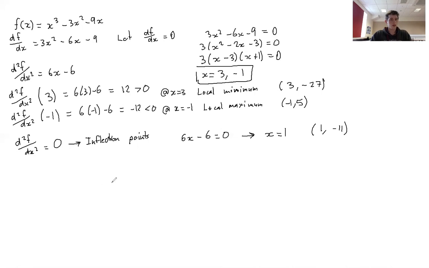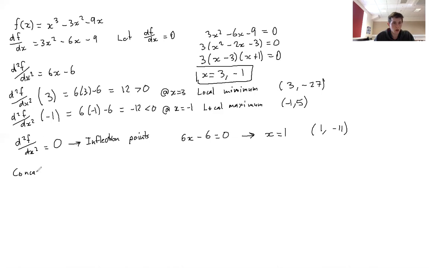Now, at this stage, if we're doing it my way, you have all the information that you require to sketch it. But the question asks explicitly, where is the function concave up? So I'll go ahead and do a couple more steps.